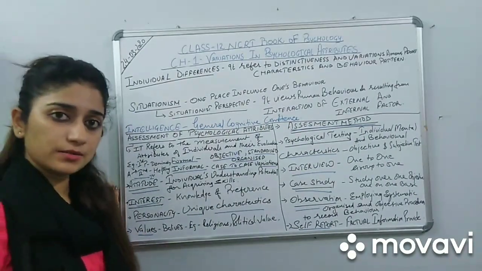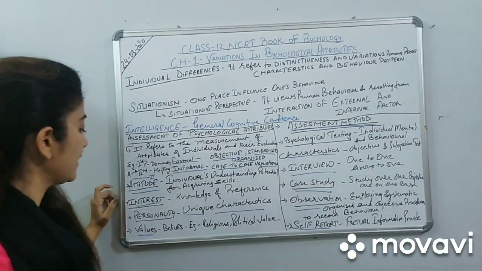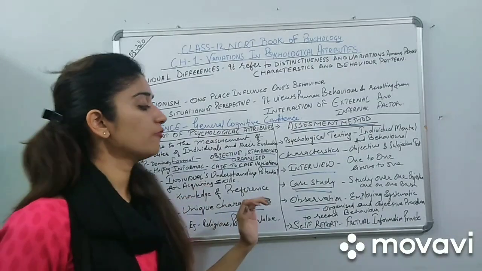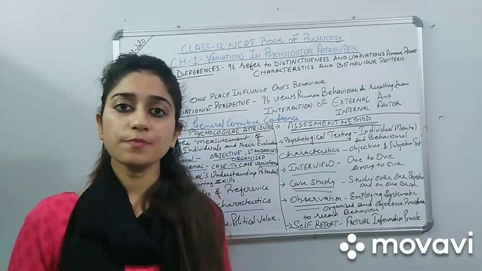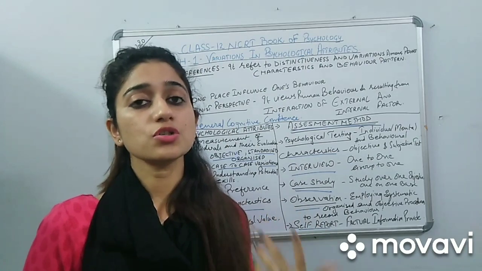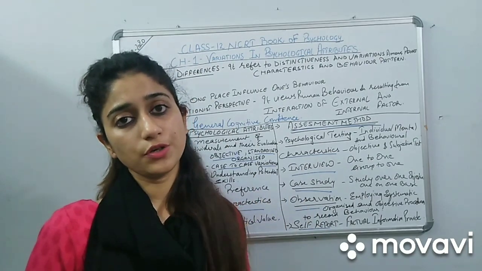Then the next term is interest. What is interest? It is knowledge of preference. It relates to how you like, what is your choice, what is the specification of the interest you have.